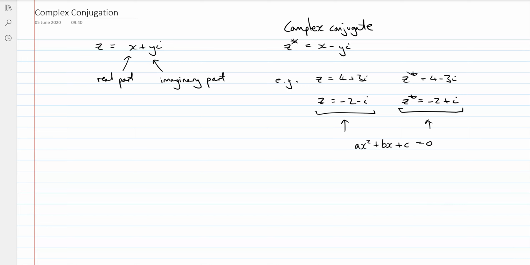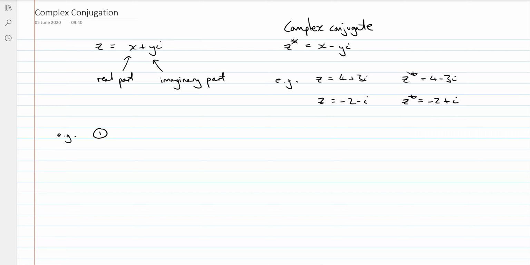So if a, b, c are real numbers, then the roots of this equation, if they are complex, will always occur in complex conjugate pairs. So this will be one root, say z1, and this would be the other root, z2, depending on the equation. But we'll see that happen as we go through this. So let's have a look at our examples.